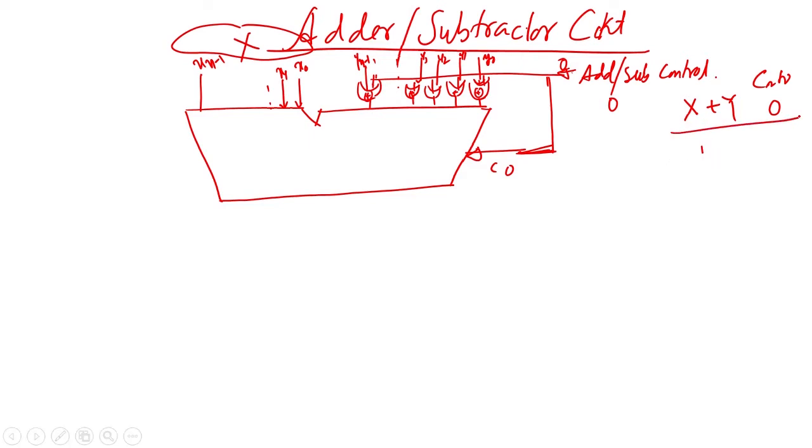Now, if you want to do x minus y, we decided to do x plus the 2's complement of y. How do you do the 2's complement of y? You have to take the 1's complement and add 1.